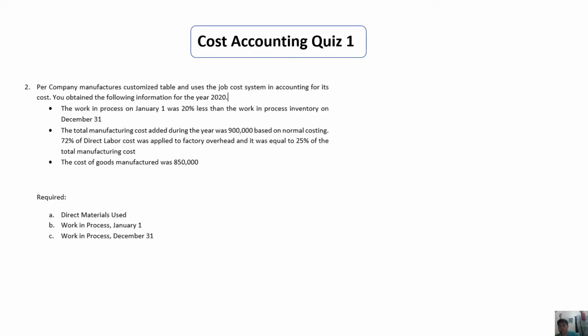So since the beginning inventory is 20% less than the work in process ending, let's lagyan na natin ng mga information. So yung ating ending, gawin natin yang 100%, tapos yung ating beginning, gagawin po natin yung 80%. Bakit ayun nilagay natin? Kasi nga 20% less than. So 100% yung ending, less 20, so ang ating beginning ay 80%.